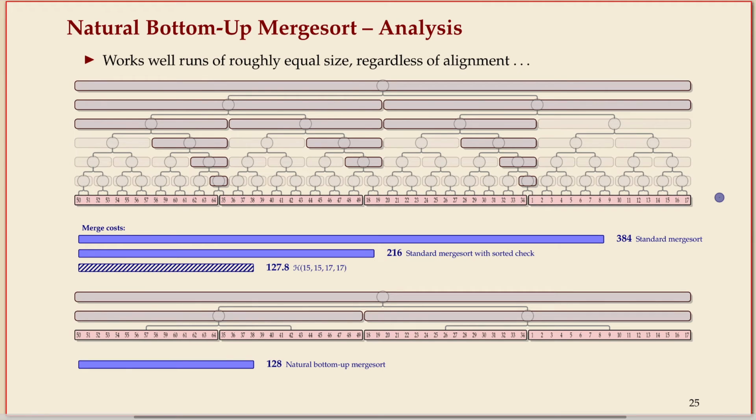Same picture from before. And as comparison, the bottom-up one. So it immediately finds those runs, so it doesn't even recurse all the way down to individual elements. And it merges those up and achieves cost that is close to h, this lower bound of what we could possibly wish for. And so it looks pretty good.